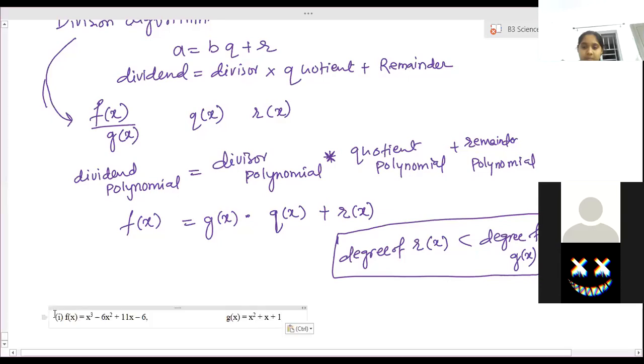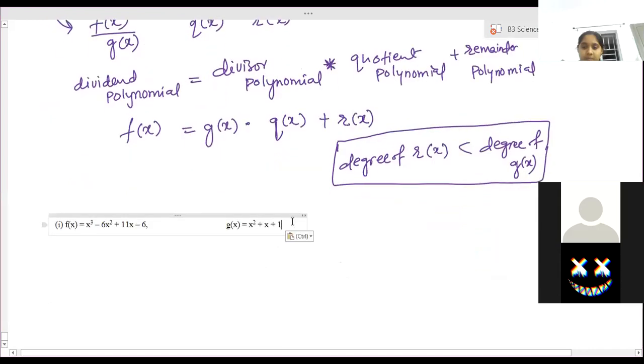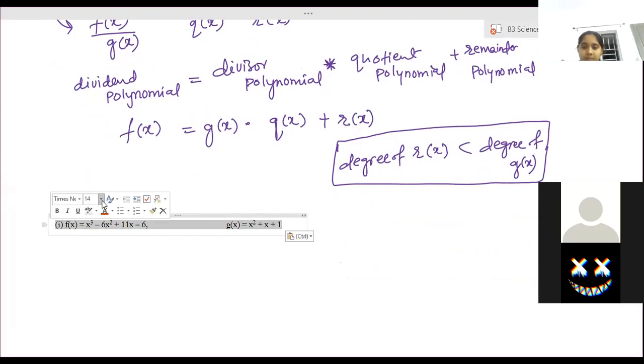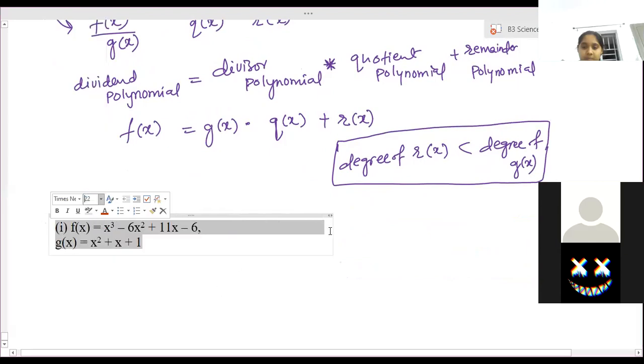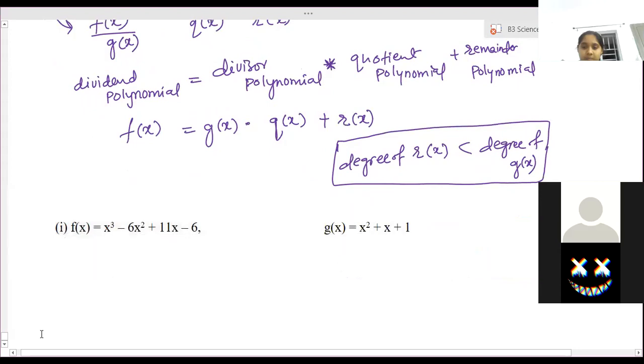So you divide these polynomials and find the quotient and remainder. Ma'am, we have to initially use the long division method.